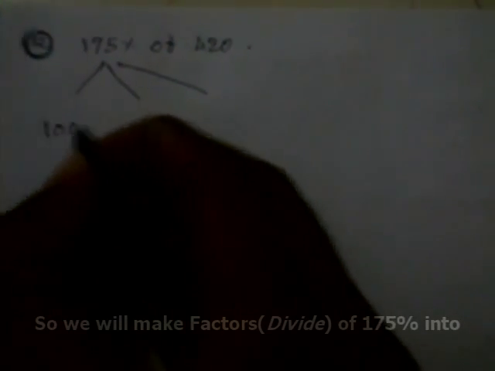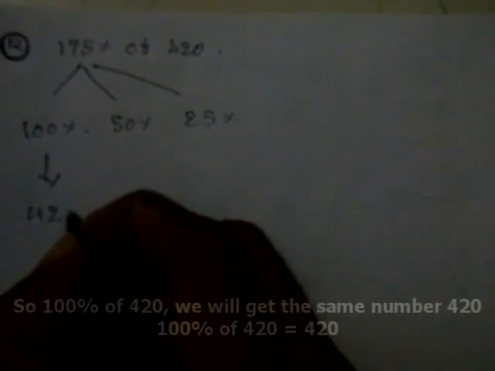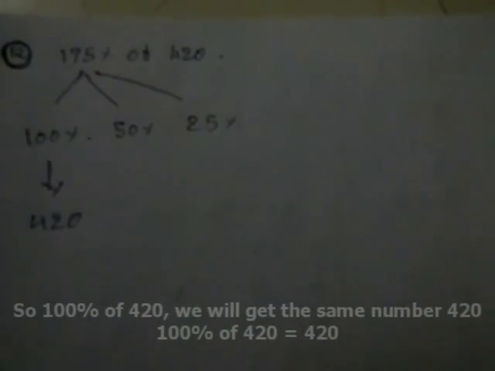Let's take some more big number, that is 175% of 420. So we'll just divide the 175 into 100%, 50% and 25%. If we add 100, 50 and 25, it will become the 175. So 100% of 420 will get the same number, 420.